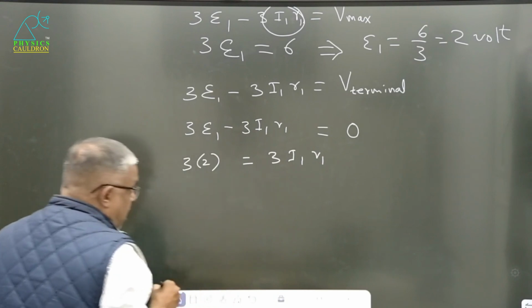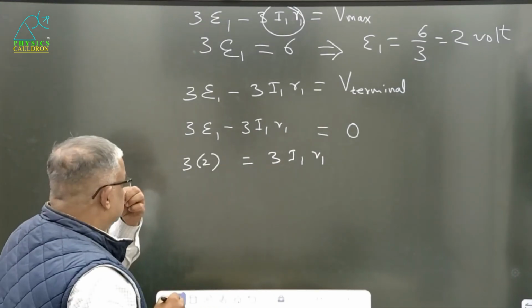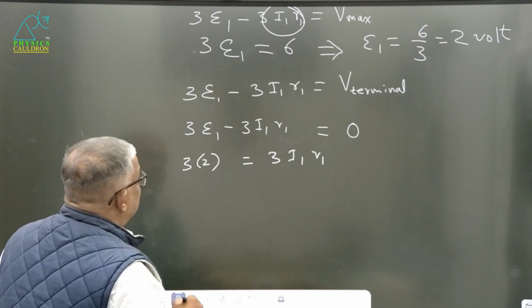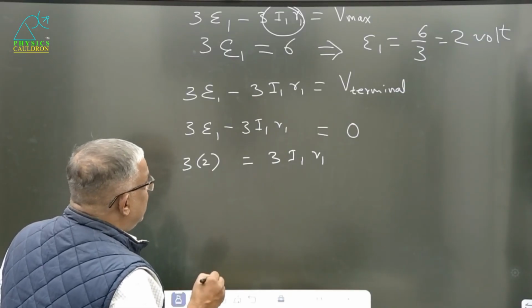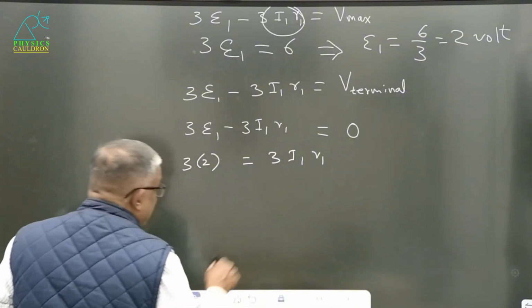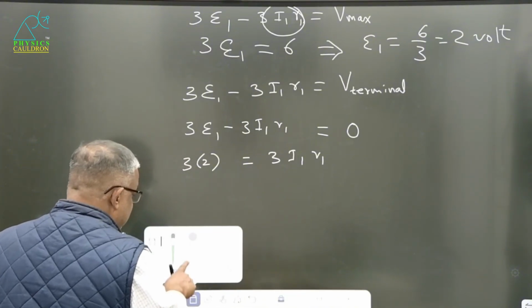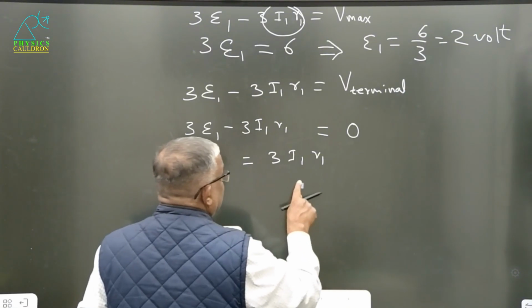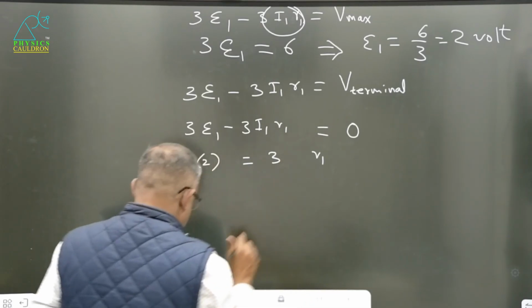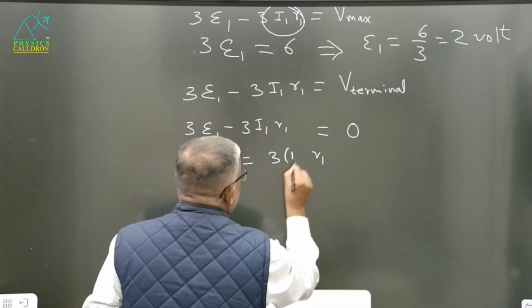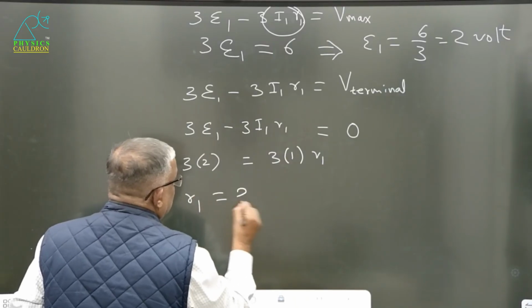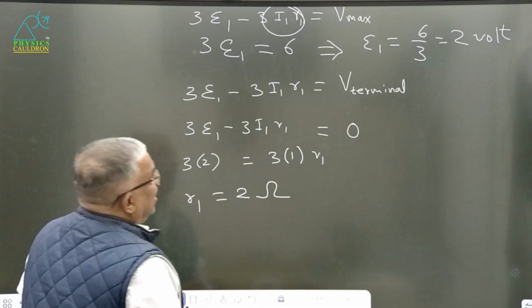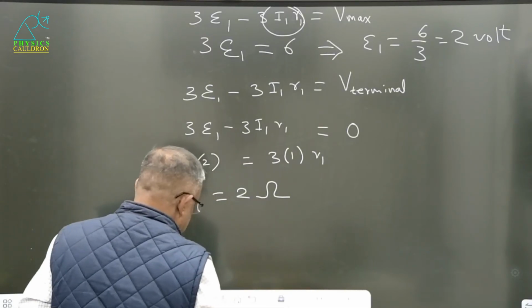Now, as you see, the current in this case is given to be 1 ampere. So, with this being 1 ampere, R1 comes out to be 2 ohm. Have a look at the graph once more.